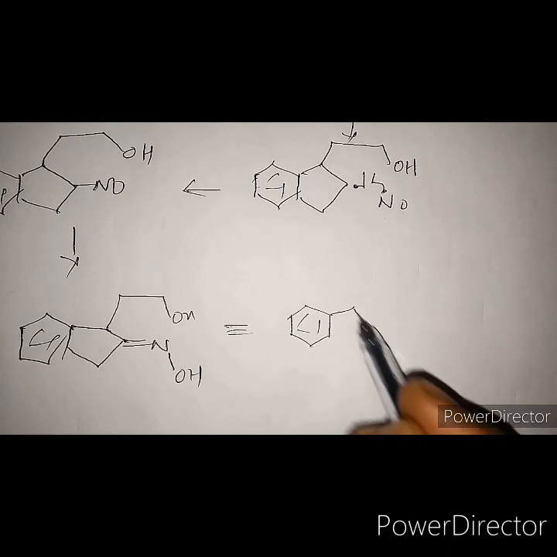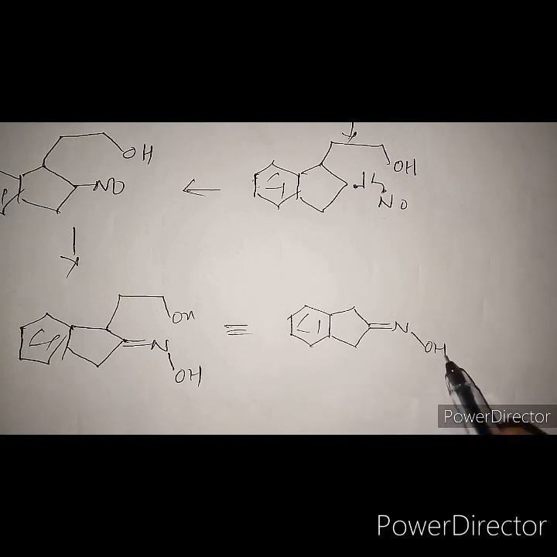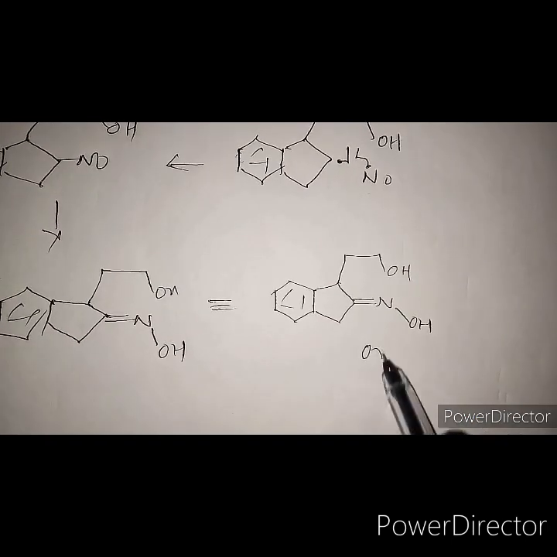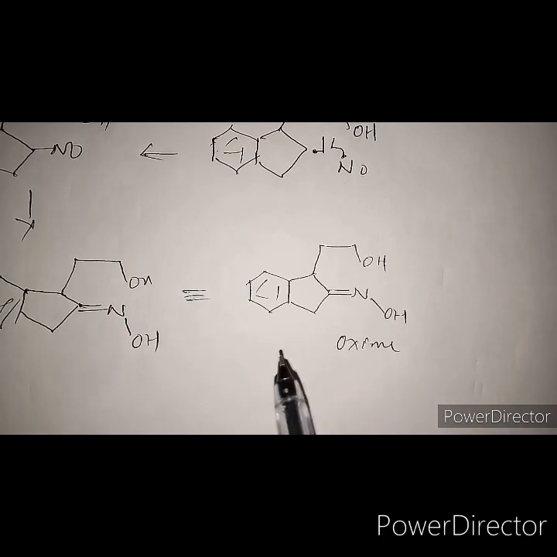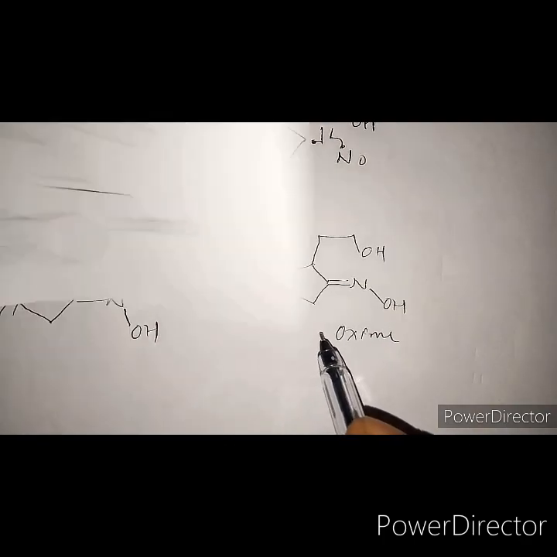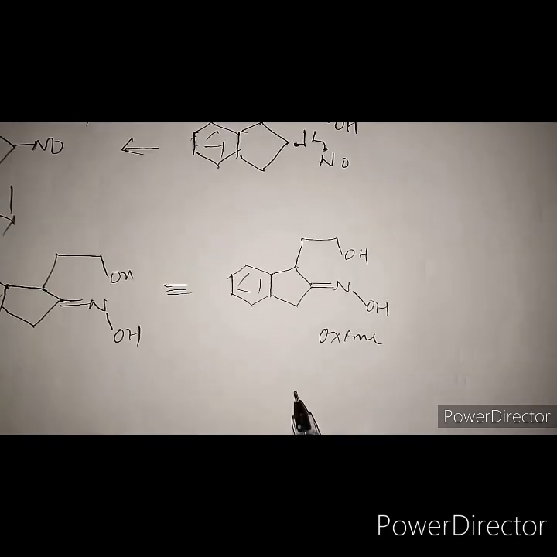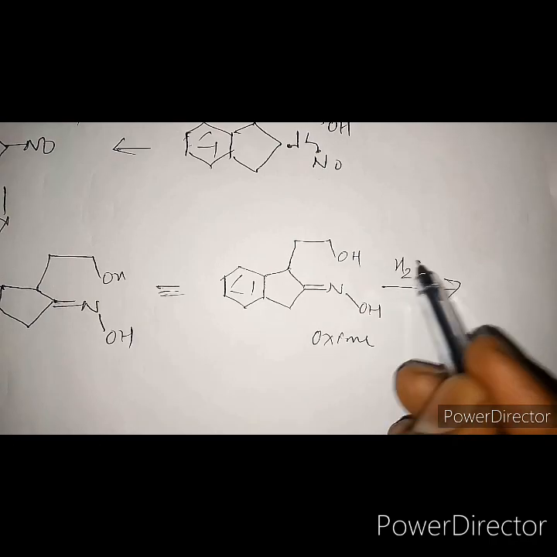This is an oxime. In the third step we need to use sulfuric acid. So the oxime in the presence of sulfuric acid will undergo Beckmann rearrangement.